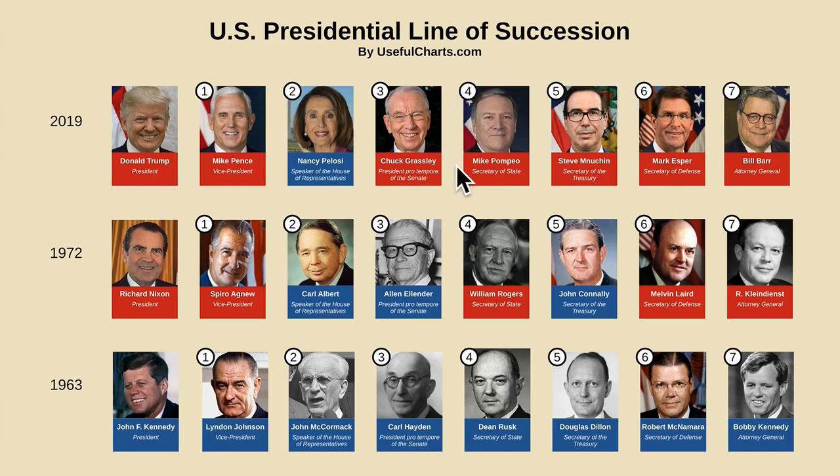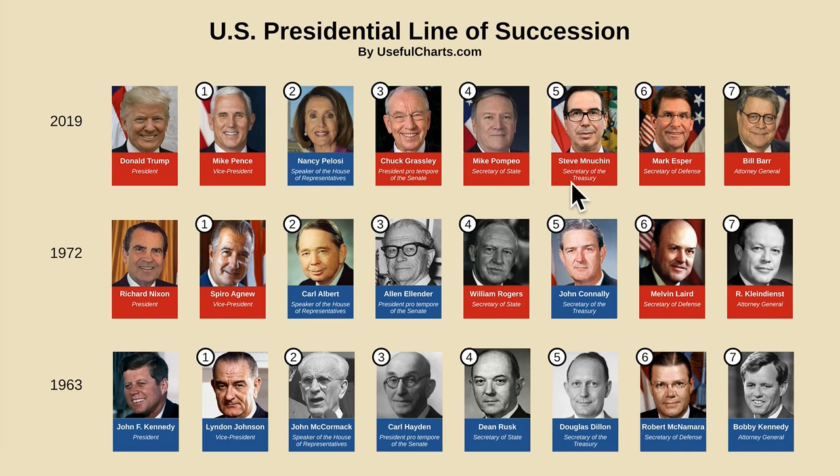The remaining individuals in the line of succession are all members of the president's cabinet. These are executive positions appointed by the president himself and confirmed by the Senate. They are ordered according to the relative importance of the position. So at number 4, we get the Secretary of State, which is the U.S. equivalent of Minister of Foreign Affairs.